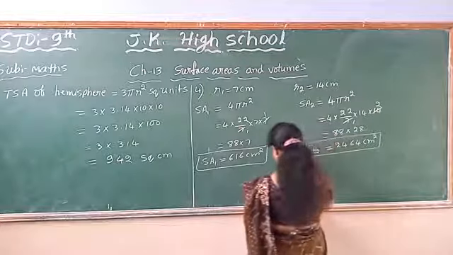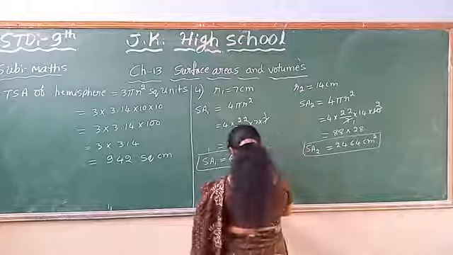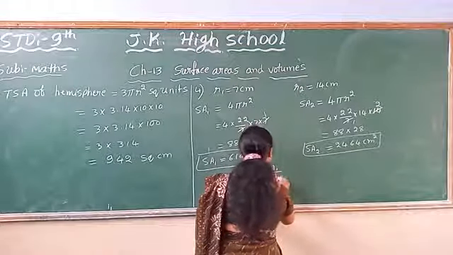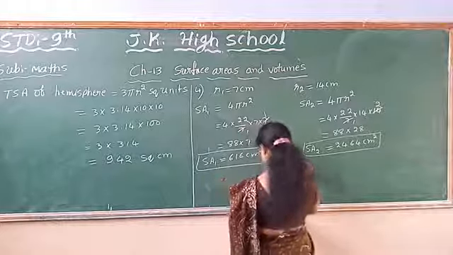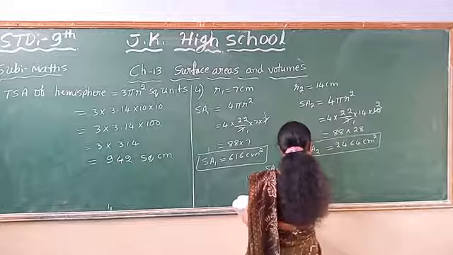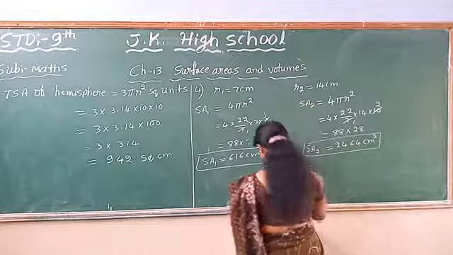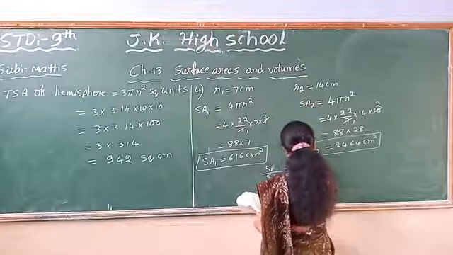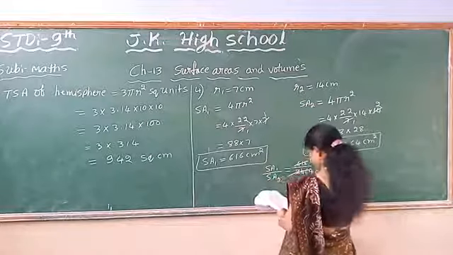And they told us to find the ratio between these two also. The ratio between these two is nothing but SA1 divided by SA2, that is 616 divided by 2464. After simplification, you get 1 by 4.